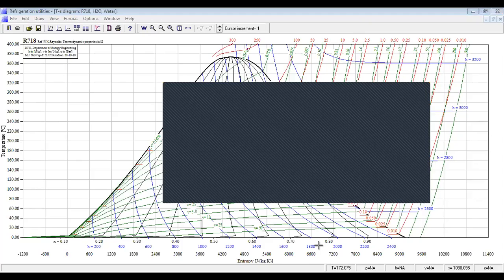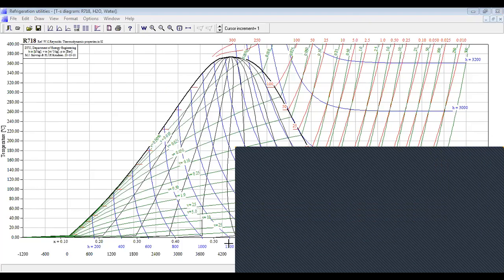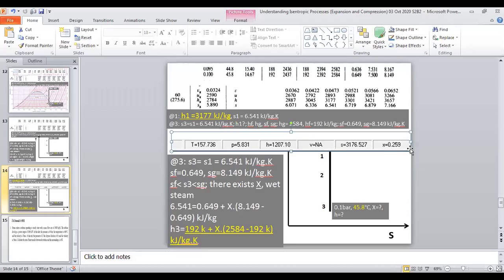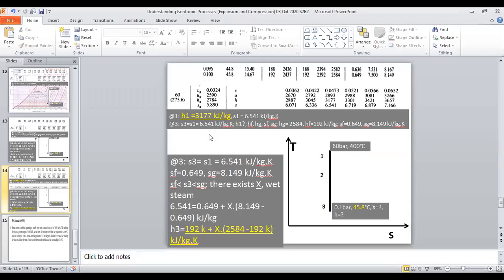So down, you can see the data at any point. See down here that you can see temperature, pressure, enthalpy, entropy, even X values, you can get it there. So it's a very useful tool.